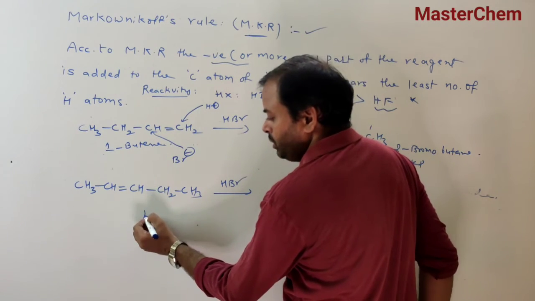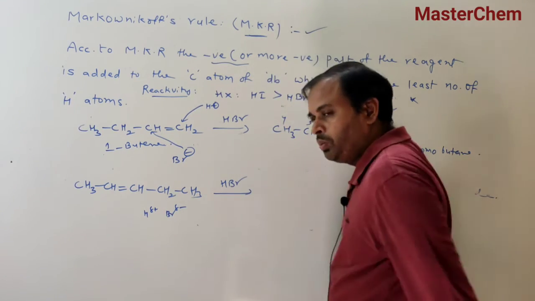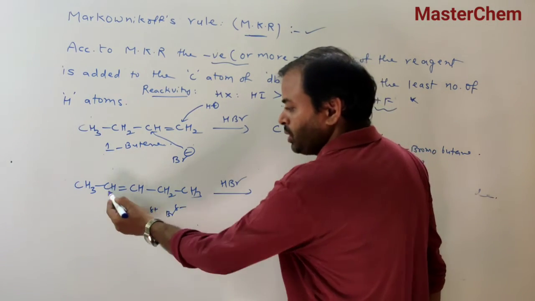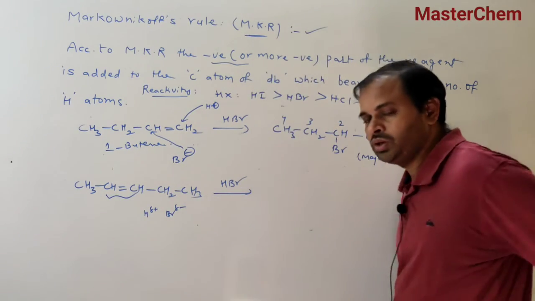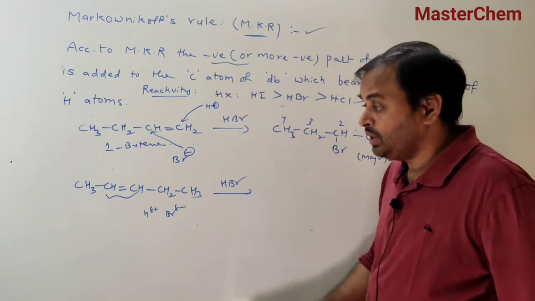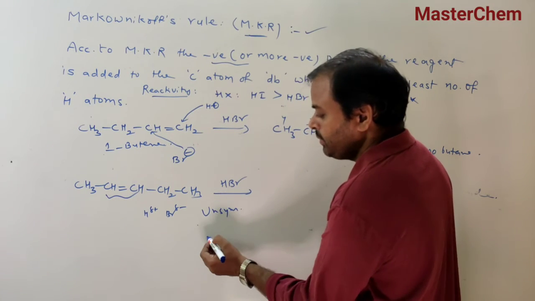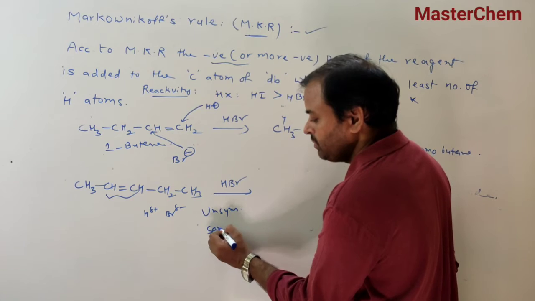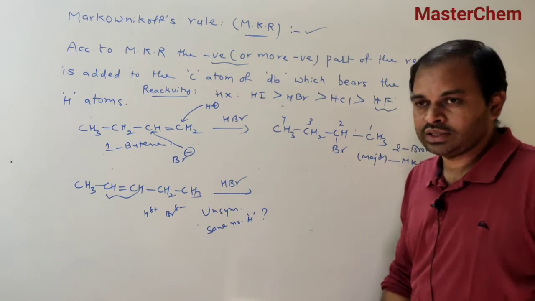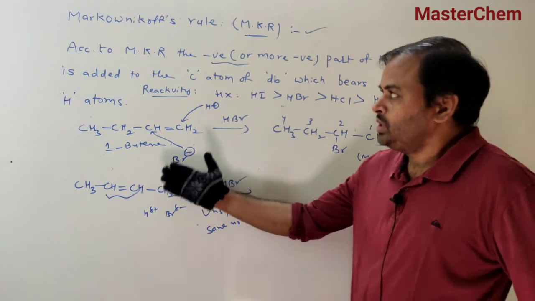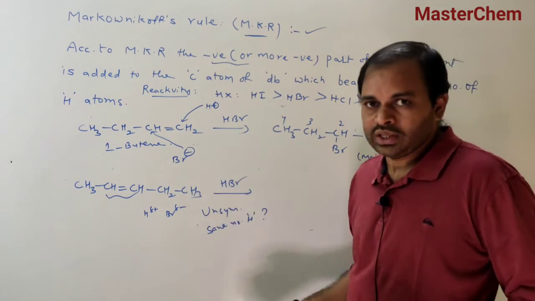By Markovnikov's rule, H plus Br minus: the negative part of the reagent must attach to the carbon having fewer hydrogen atoms. But here, although it is unsymmetrical, both carbons have the same number of hydrogen atoms. In this case, we can't apply Markovnikov's rule.